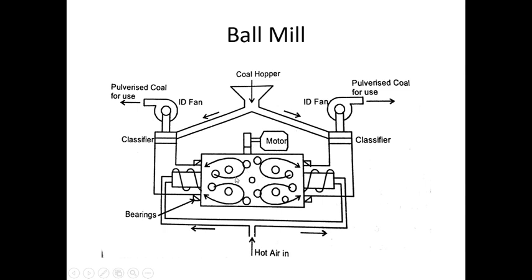Inside this drum, why it is called a ball mill is, you can see these balls. These are heavy metal balls with different sizes, so that you can get more pulverized coal, so that it can reduce the coal size to a minimum. So that's why different sized metal balls with heavy weight are used at this point.